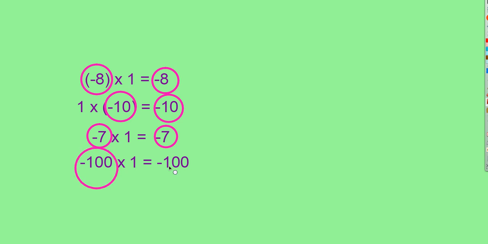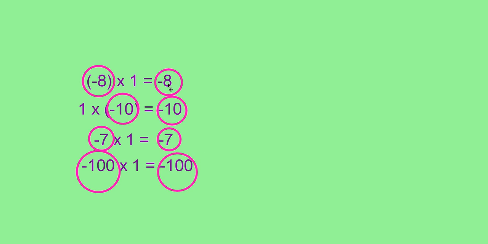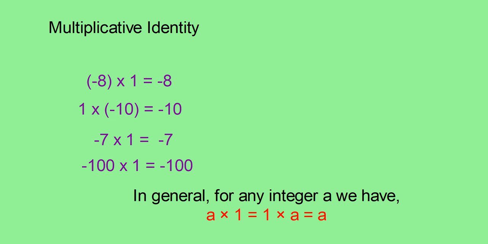And negative 100 into 1, you are getting negative 100. That means you get the same number as the answer when you multiply with 1. So 1 is called the multiplicative identity. In general, we can say for any integer a, we have a into 1 is equal to 1 into a is equal to a.